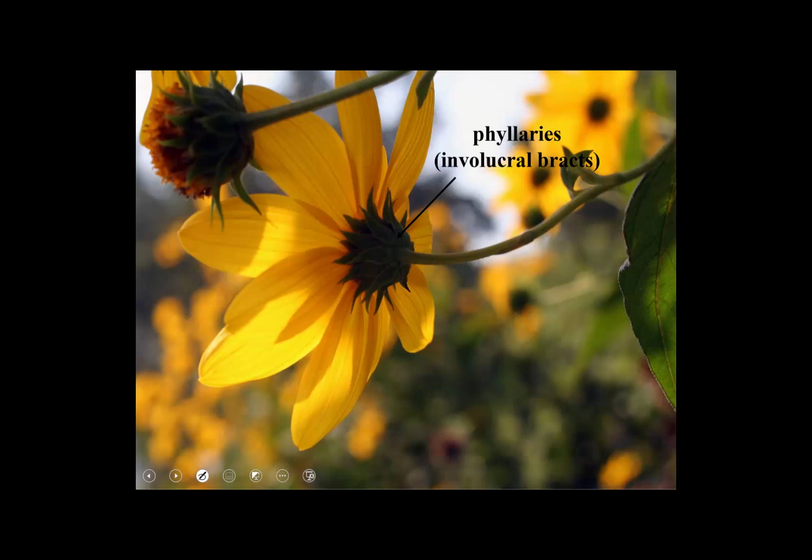Well, in the Asteraceae, the involucral bracts are noteworthy. They kind of look like the sepals of this, if this were a flower, which it isn't. They're called phyllaries. That's the special name for the involucral bracts of the Asteraceae.